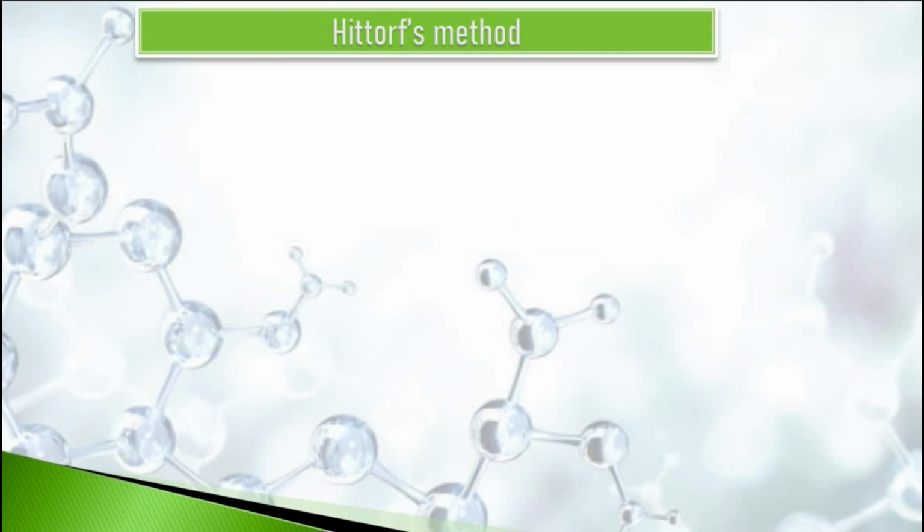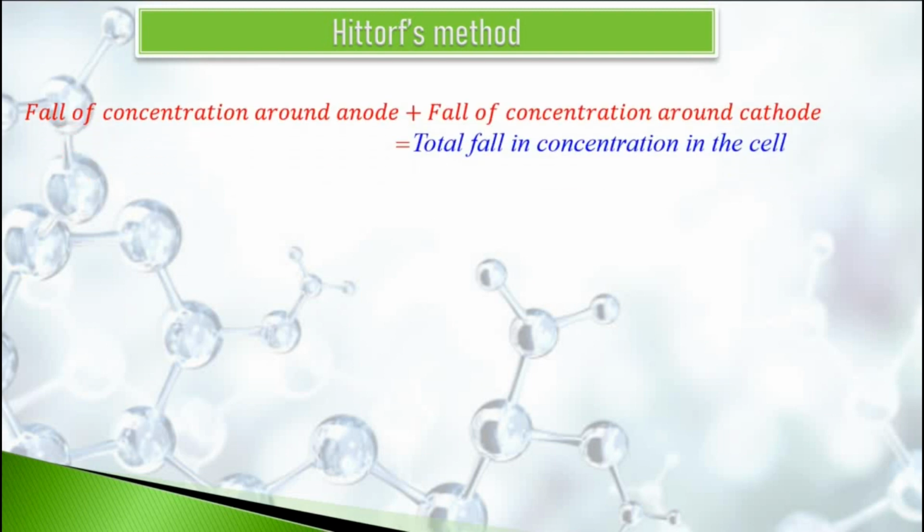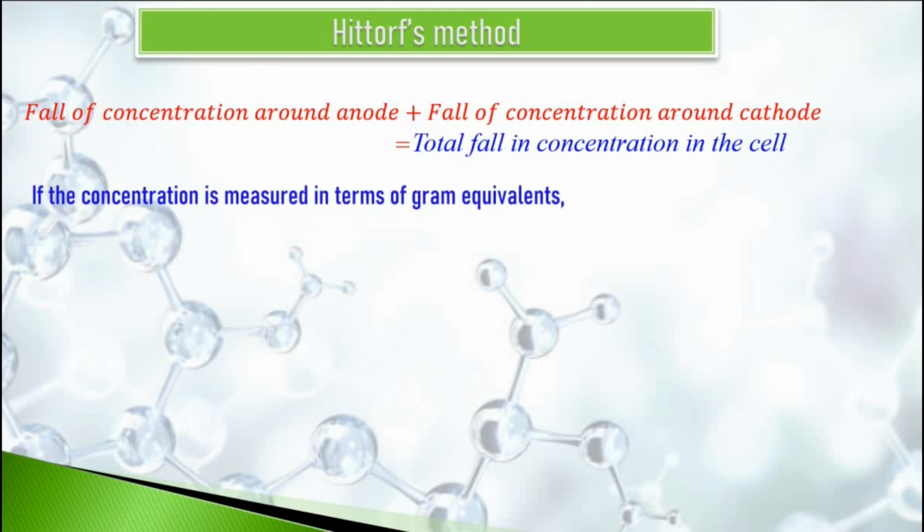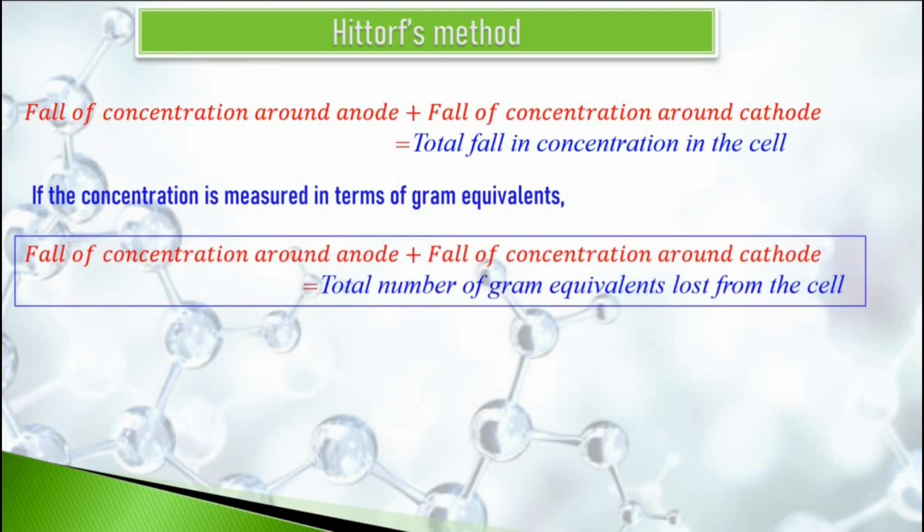So in Hittorf's method, we can write the total fall in the concentration of the cell in terms of gram equivalents. If concentration is measured in gram equivalents, then the total fall in concentration of the cell can be rewritten as the total number of gram equivalents lost from the cell.